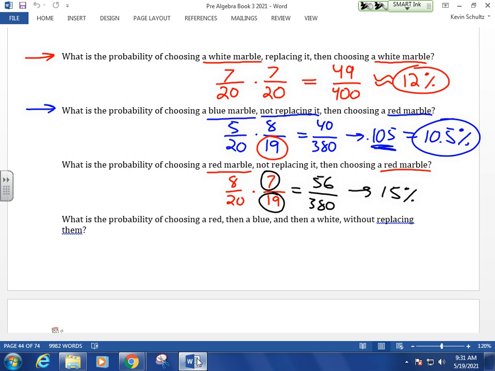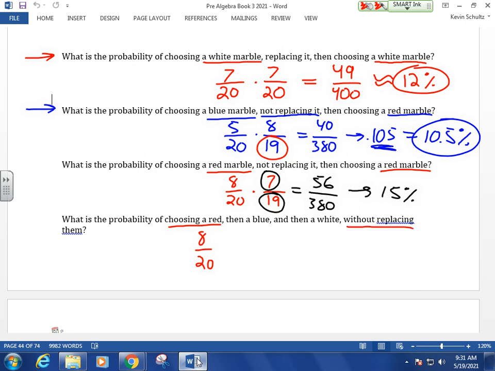Okay. And the last one, we have a compound word, 3 words together. 3 probabilities at the same time. What's the probability of choosing a red? Annika? 8 out of 20. And it says at the end of this here, so if you didn't read the whole question, maybe you missed it, but without replacing them.